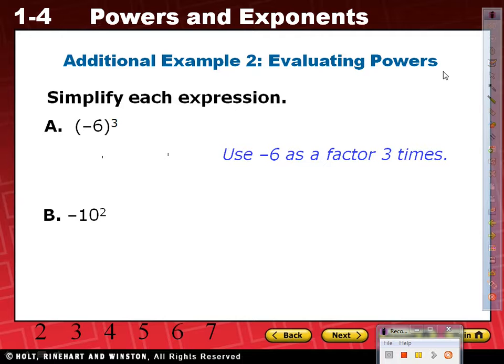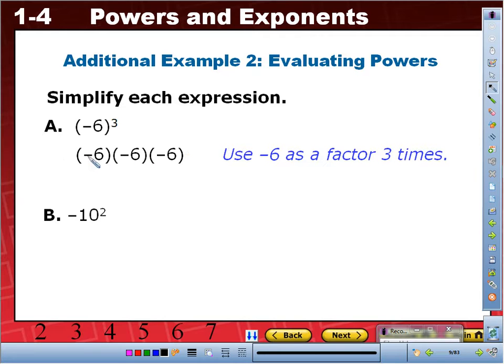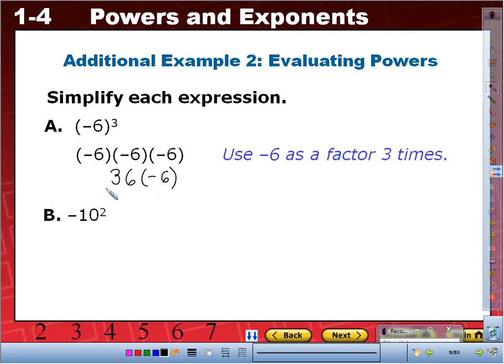Okay. So therefore, let's see. Negative 6 times negative 6 is positive 36. And we still need to multiply times negative 6. Positive times a negative. They're not the same sign, so the answer is going to be a what? Negative. Now I'm going to do my computation over here. 36 times 6. 6 times 6, that's 36.